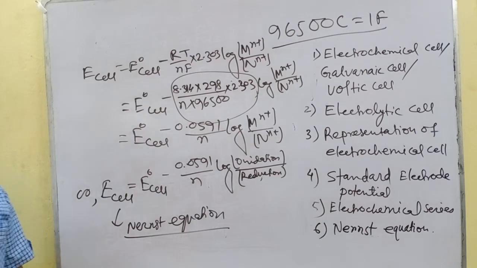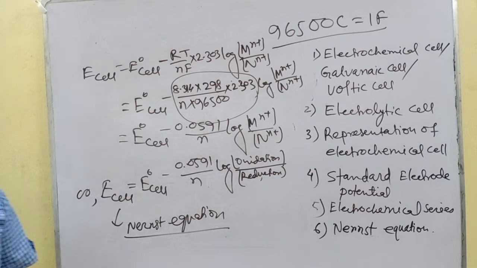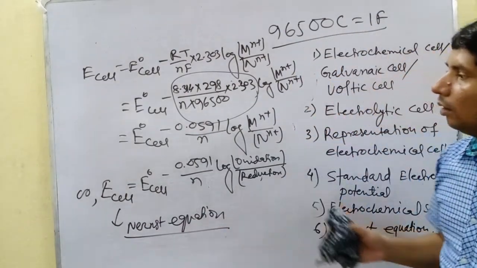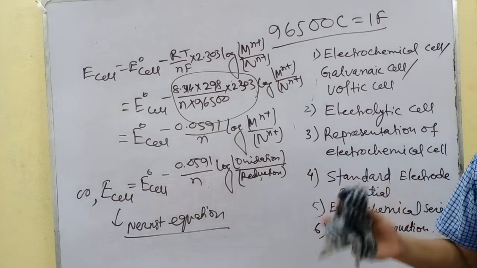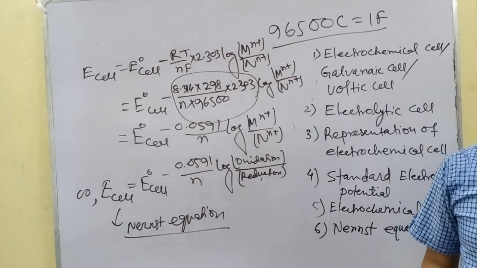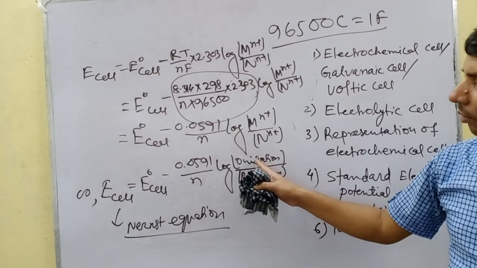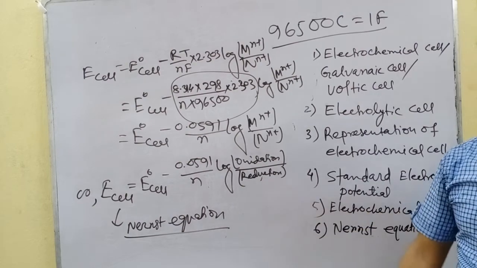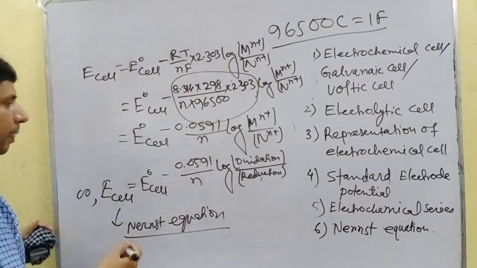We can use it for any mathematical problem, to calculate the E cell, that is the EMF of a cell, from this equation. Oxidation takes place, that means this is the product and this is the reactant.